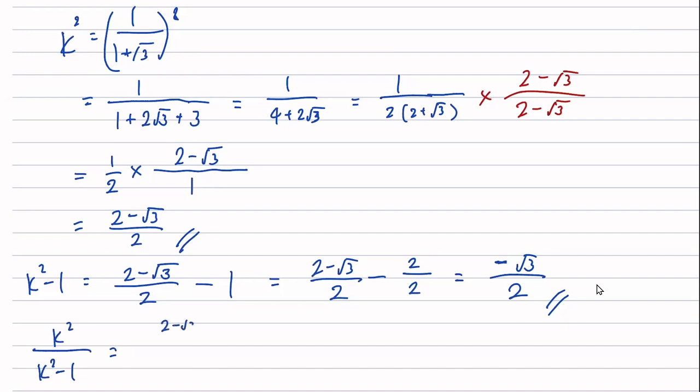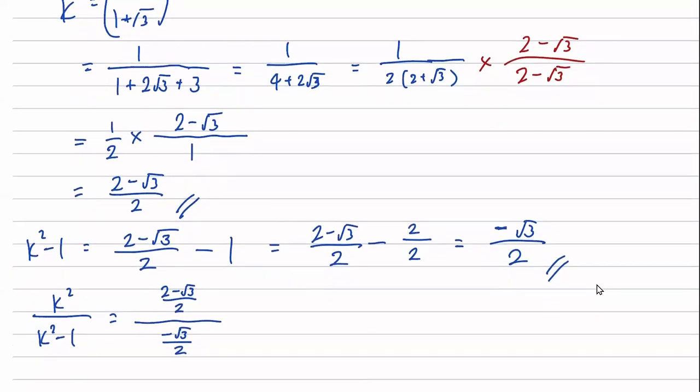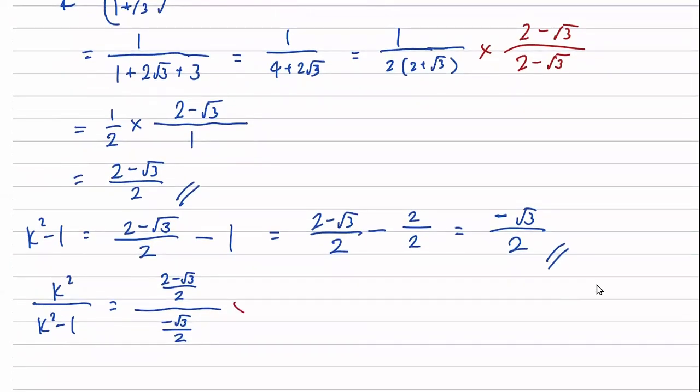Unfortunately, there is still a fraction over a fraction, but luckily for us the denominator is 2. So multiply by 2 over 2. Then 2 and 2 cancel, 2 and 2 cancel. What are you left with? 2 minus root 3 over minus square root 3.